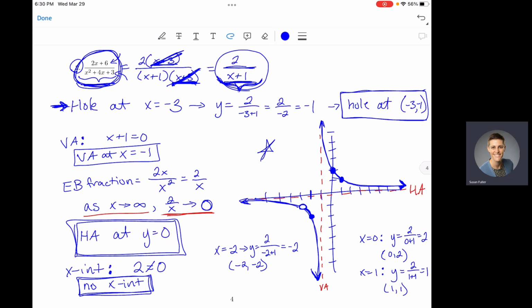But the graph of this thing is actually exactly the same as the graph of 2 over x plus 1, except that the one that we graphed has this hole here at -3, -1. The graph of just 2 over x plus 1 would not have this hole here.